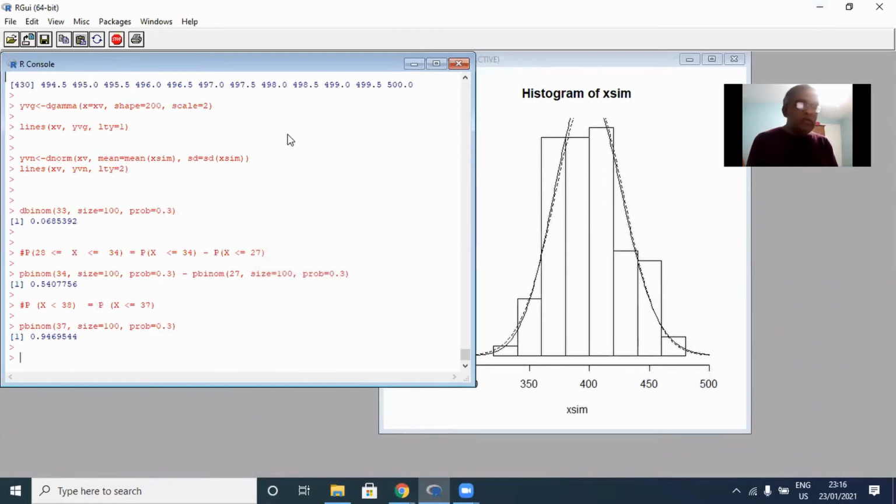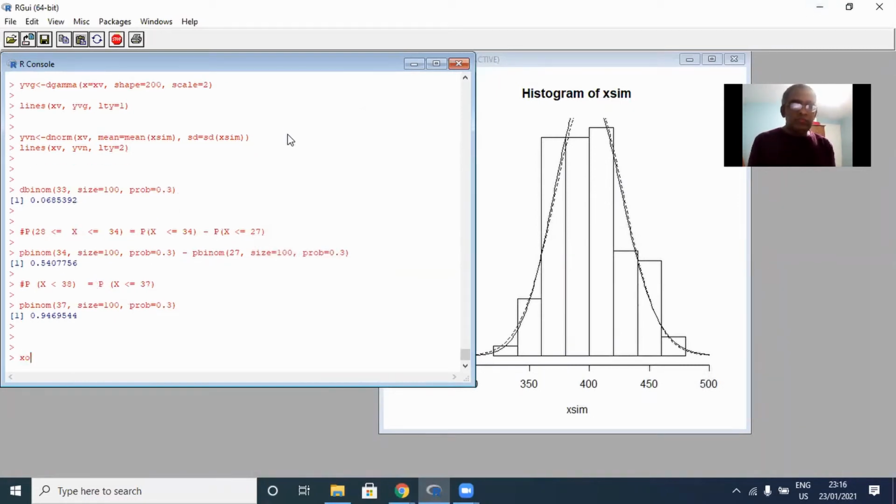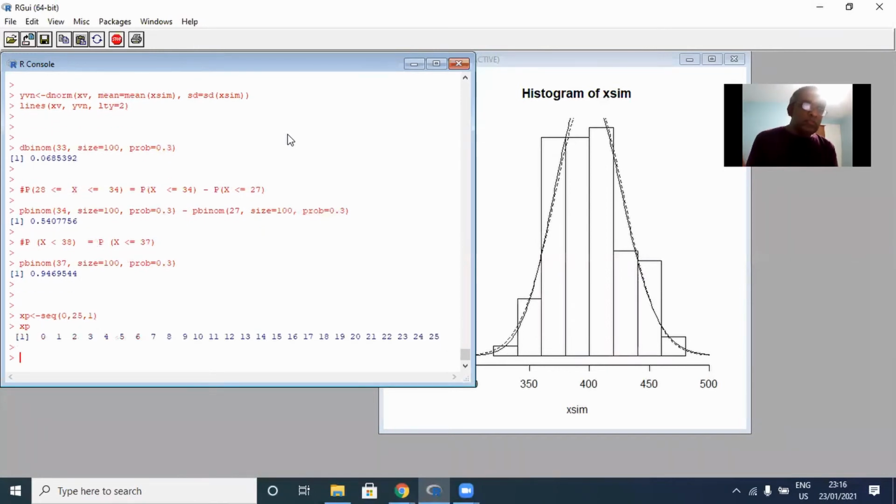The first thing you must do is to define the values from 0 to 25 in steps of 1. So this is what you have. Then you need to compute the density of the Poisson distribution at these values with the parameter lambda equal to 10.